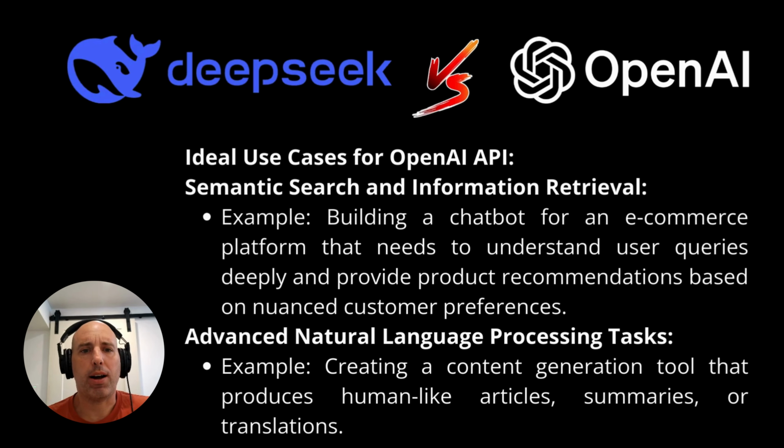And then we'll talk about some ideal use cases for OpenAI and their API. It says semantic search and information retrieval, which is really going back to the chatbot example for e-commerce, when you need to deeply understand queries and provide product recommendations based on nuanced customer preferences.